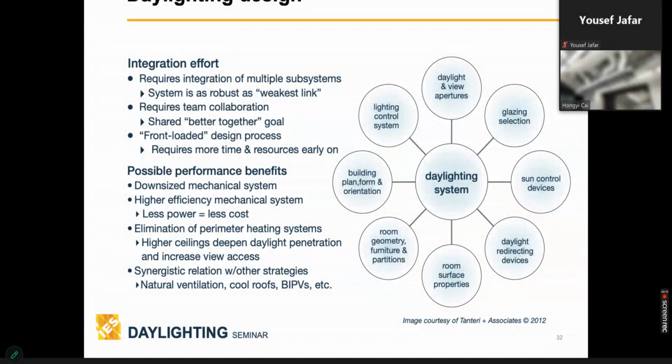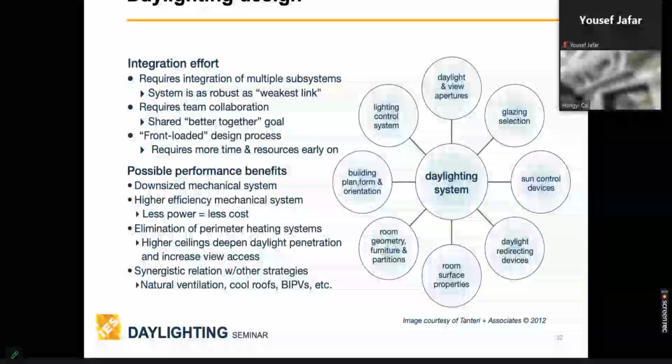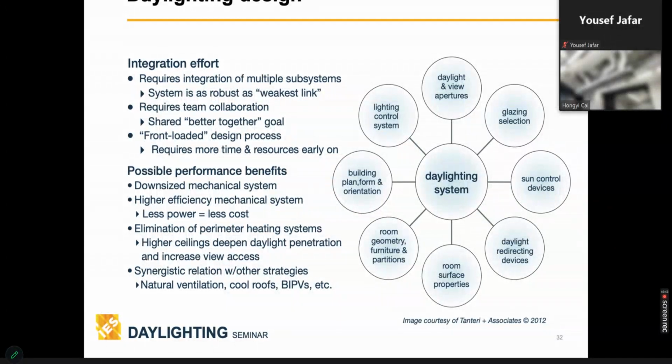Synergistic relation with other strategies like natural ventilation, cooling, building integrated PV systems, etc. This is always tied together. Like for example, natural ventilation. I will talk about this later. When you do the daylight design, you actually need to work with natural ventilation systems as well, because they are integrated by itself.